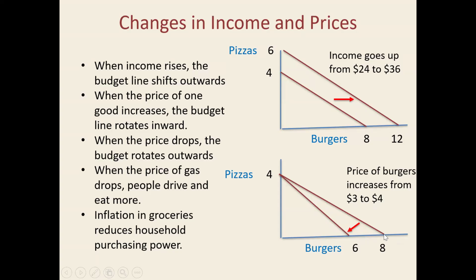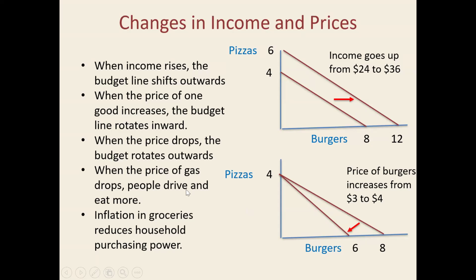The x-intercept will shift from 8 to 6 because 24 divided by 4 is 6. However, the y-intercept remains in the same place because the price of pizza is still the same. This would be an inward tilt in the budget line. By contrast, if the price of burgers decreased, let's say to $2, we would see an outward tilt in the budget line.